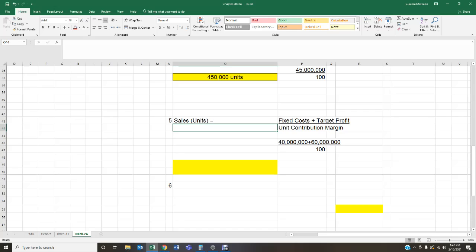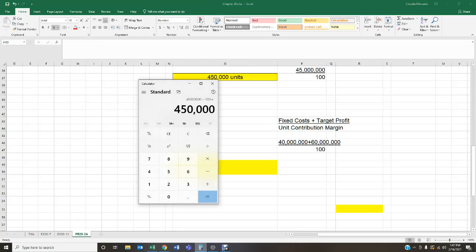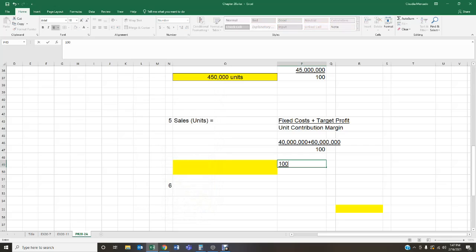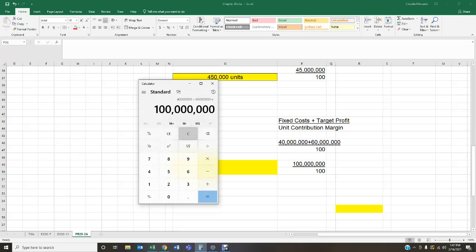And then we were working on number 5. For the fixed cost plus my target profit over our contribution margin, that's going to be 40 million plus 60 million. That's 100 million. And we're going to divide by 100, which is my unit contribution margin.